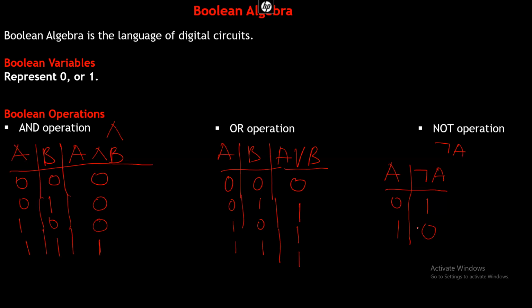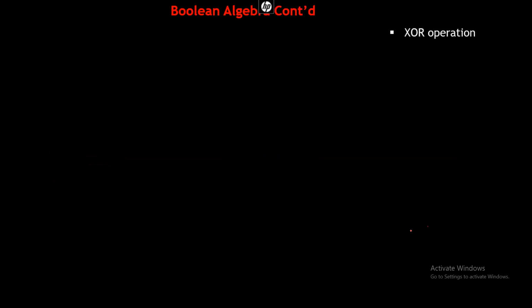Now let's look at more operations. Now let's look at the NOR operation. A, B. Take note of this symbol here.